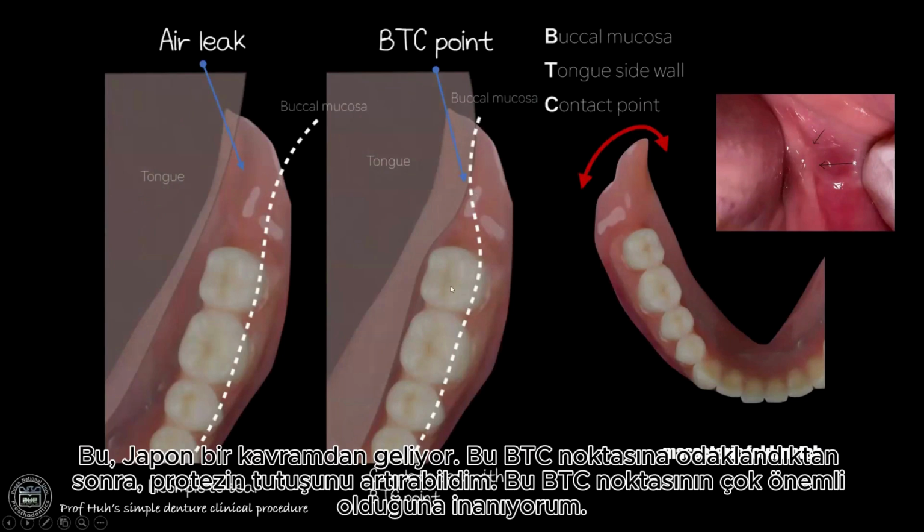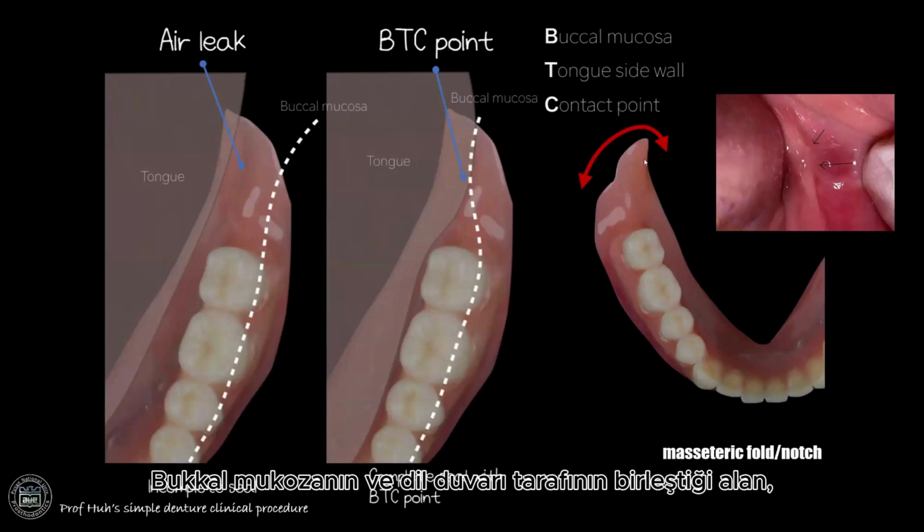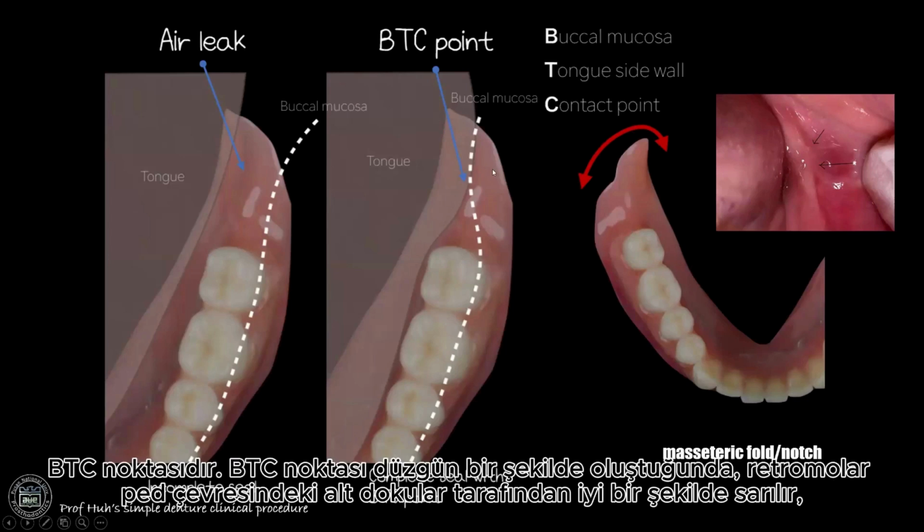Anyway, after focusing on this BTC point, I could increase the retention of the denture. So I believe this BTC point is very important. The area where the buccal mucosa here and the tongue side meet together, that is the BTC point.